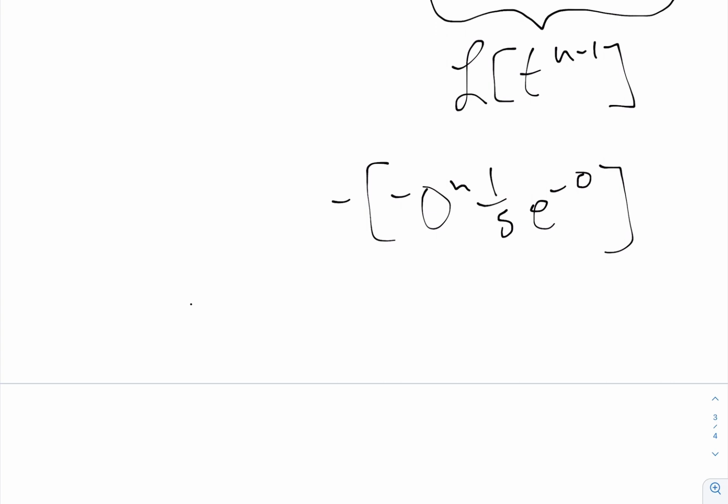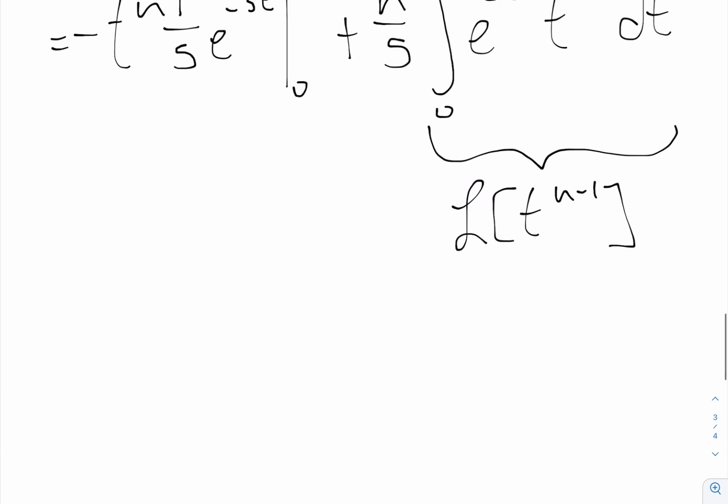So this part is 0, and then it's minus negative 0 to the power of n, which is 0, times e to the negative 0, which is 1. So it's 0 times 1, which is just 0. The entire thing just becomes 0 on the left there.